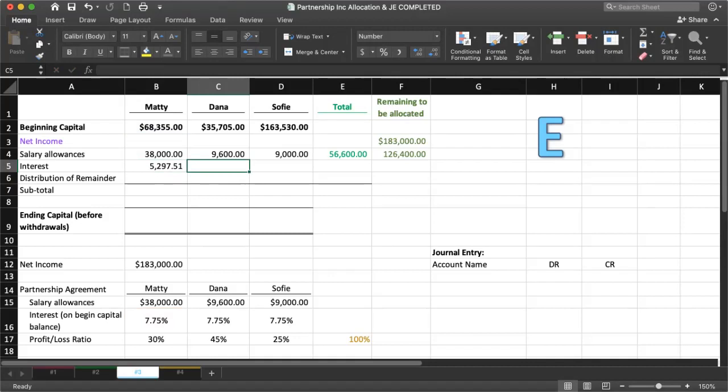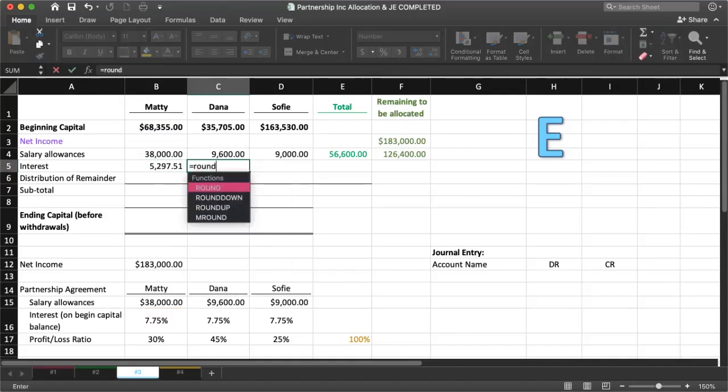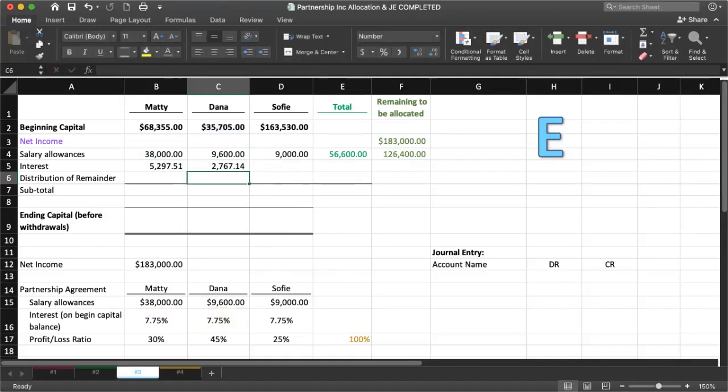Now I'm going to do the same for Dana. All right, so it's the round function, and it is beginning capital balance $35,705 times the interest rate of 7.75%, and we round that to 2 decimal places. So Dana's interest turned out to be $2,767.14.